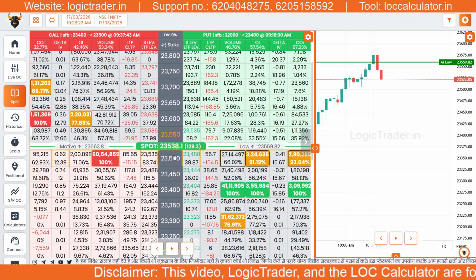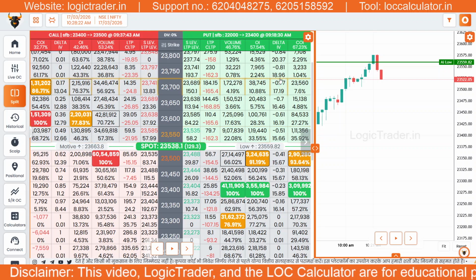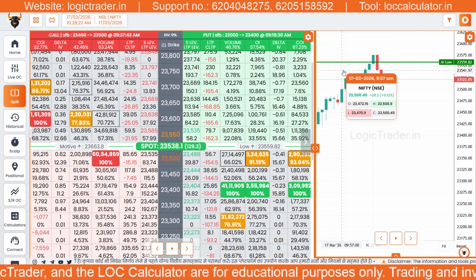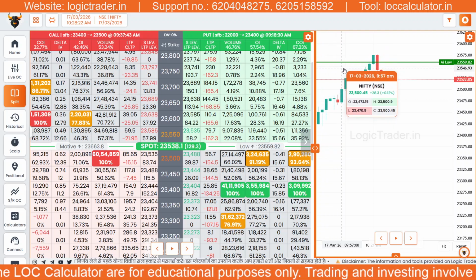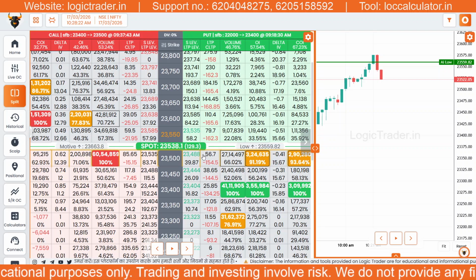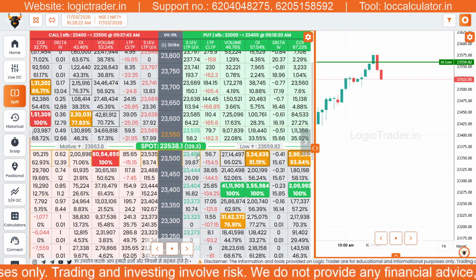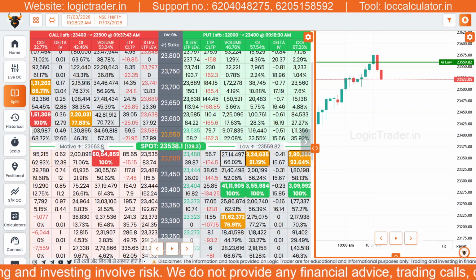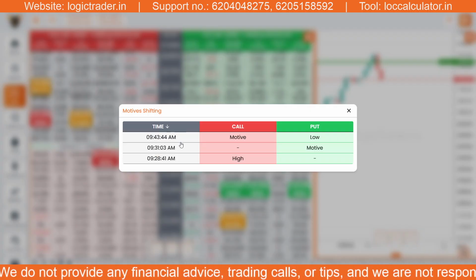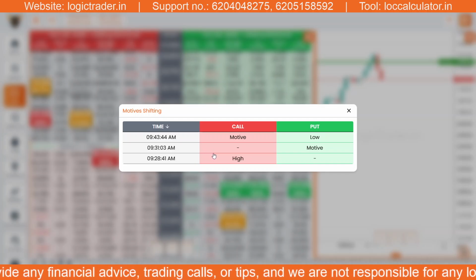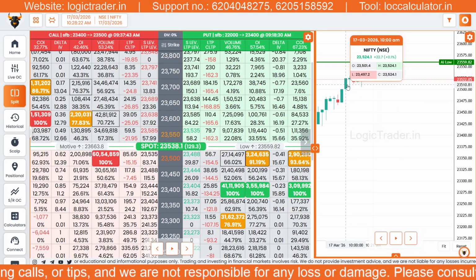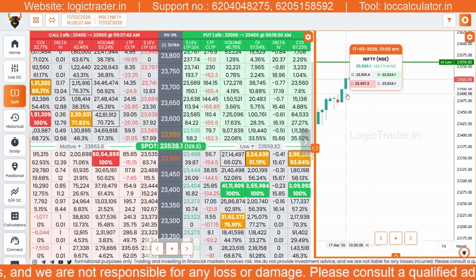If a new opportunity forms, either the market shows a bullish continuation or a new setup develops, then we will plan the next trade accordingly. This is how we use Motive AI practically in live market conditions: by entering at the right level, holding with structure, and exiting with discipline.